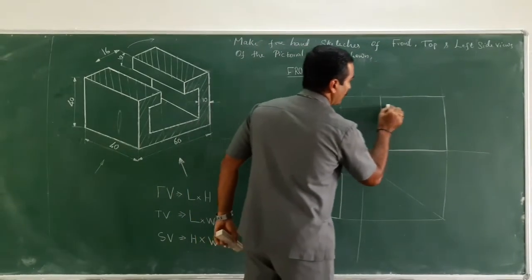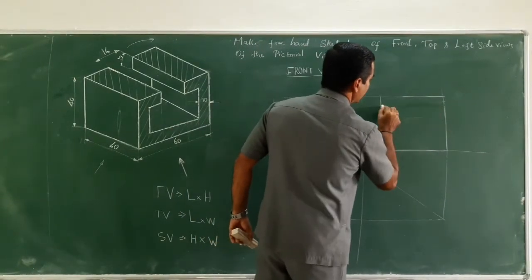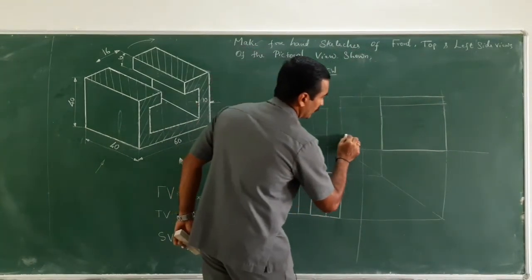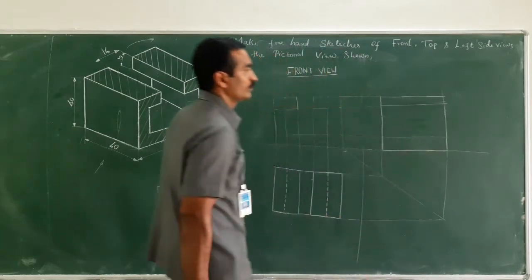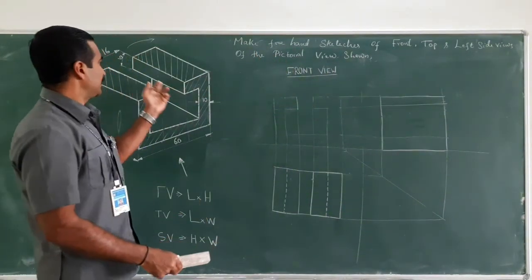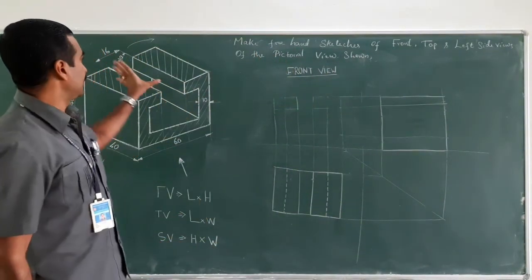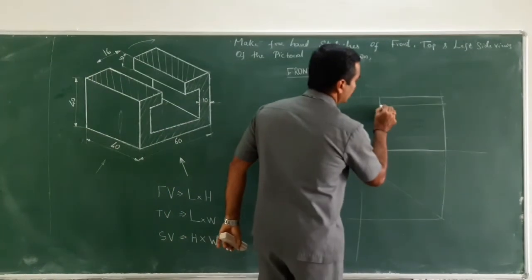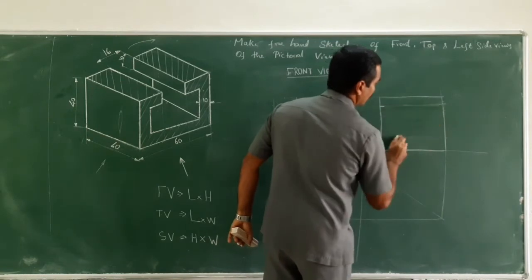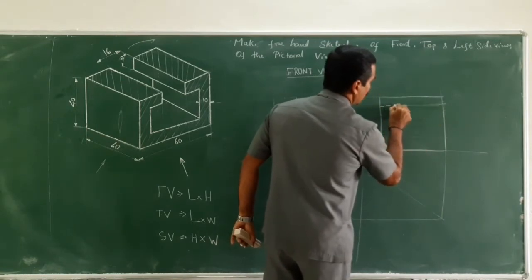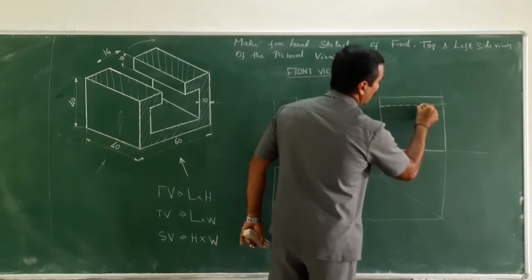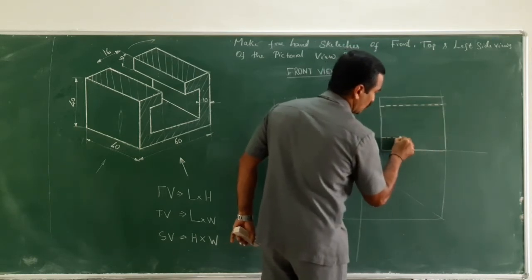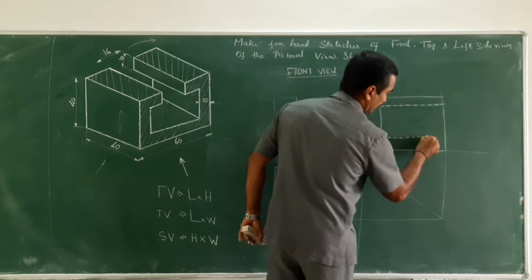Extend this line. Extend it from the front view. Extend this. Whether these edges are throughout the length? Yes, this is throughout the length of 40 mm. Therefore, this can be drawn as a dotted line or dash line, because this is throughout the length of the given object.